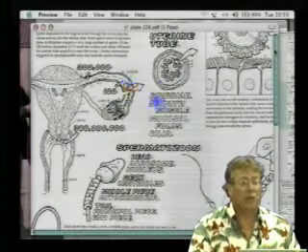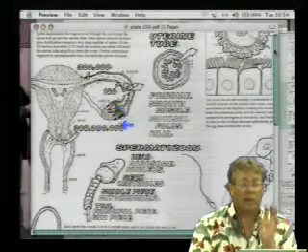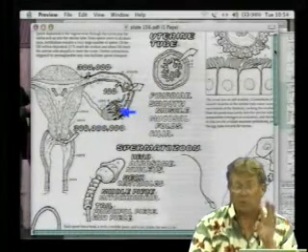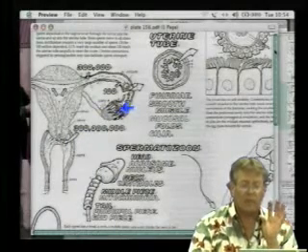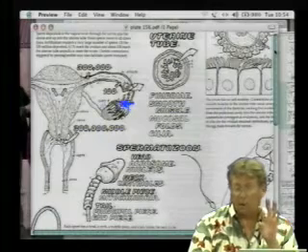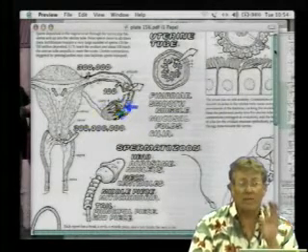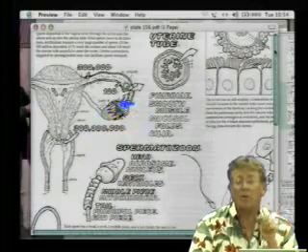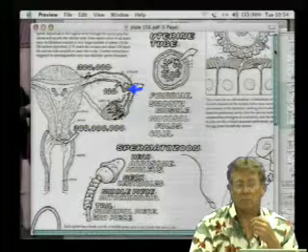It is characterized by an enlargement and variegations or fingers, what are called fimbria. These fimbria are motile. They tend to move, and it is their role to sweep a released ovum into the uterus.